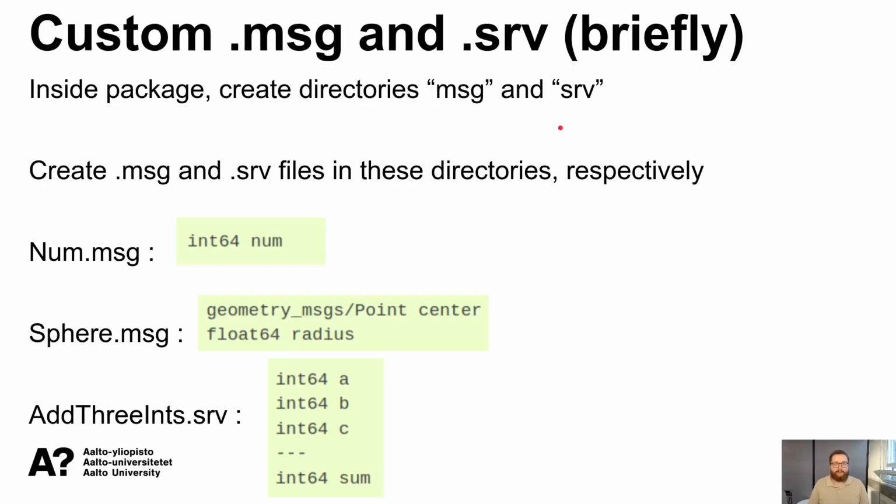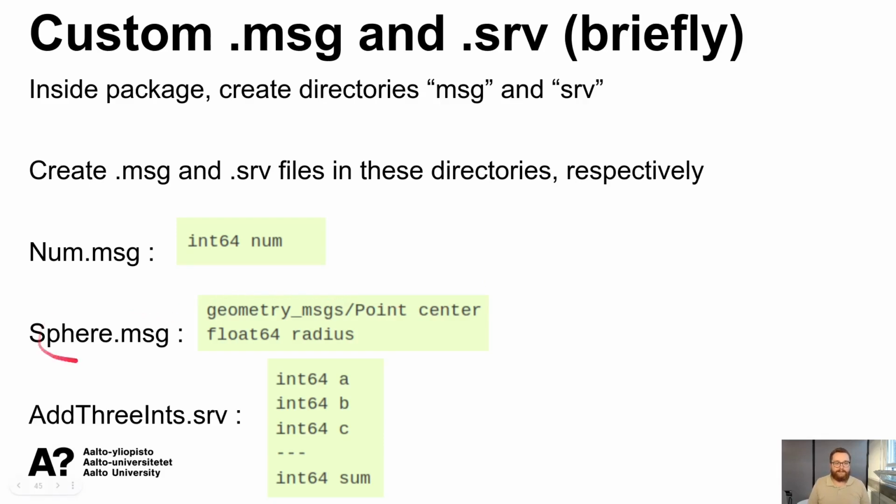And within the msg directory, we would define our custom messages. Just some examples: if we wanted a simple message named Num, that is just a single integer, we would define a Num.msg file and write this content in it. Same thing if we wanted a Sphere.msg. This is an example of combining existing standard messages with some custom information.